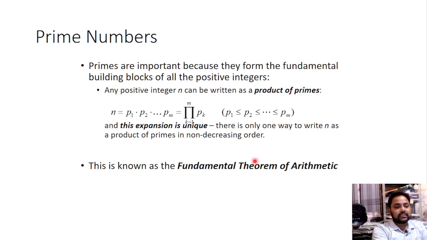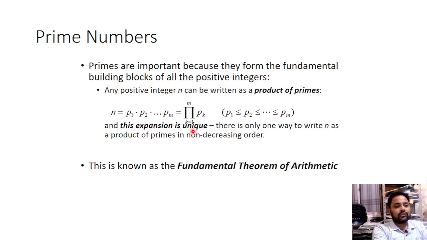Any positive integer n can be written as a product of primes, like n = p1 p2 up to pm. All are the prime factors of n, equal to the product of all the prime factors from k equals 1 up to m of pk, with p1 ≤ p2 ≤ p3 ≤ p4 up to ≤ pm.